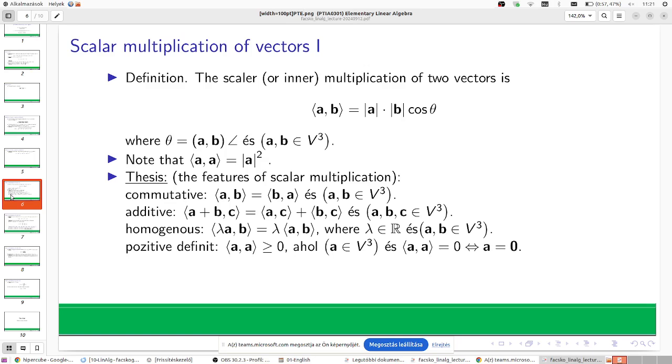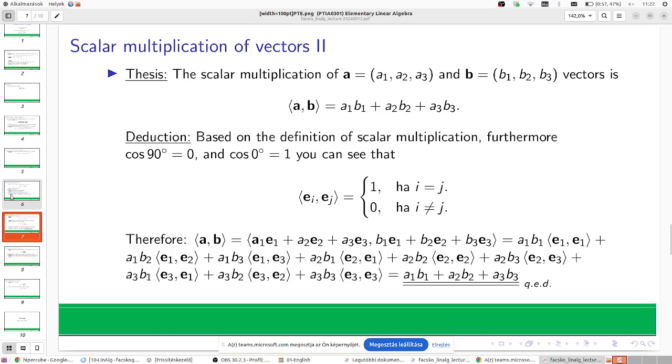If the vectors are perpendicular, then this cosine is 0. Normally this stuff is a lemma, but here we just go through. You have two vectors A and B. You can write the A in this form in components.